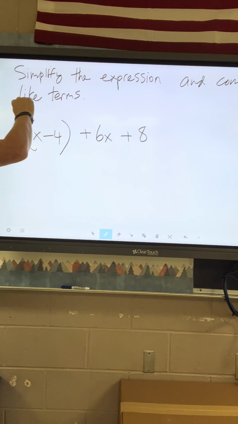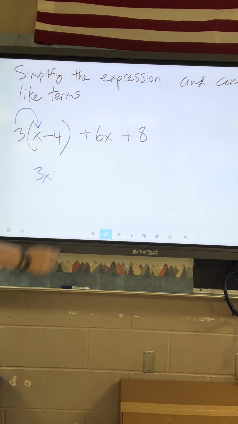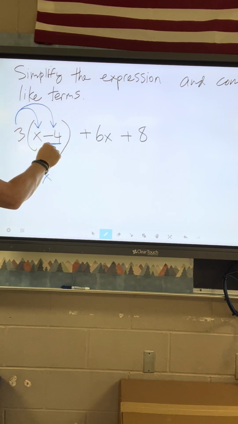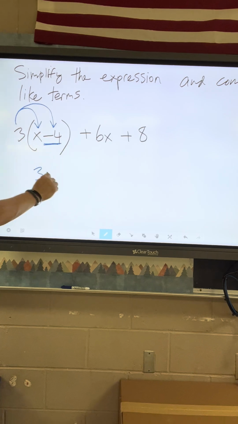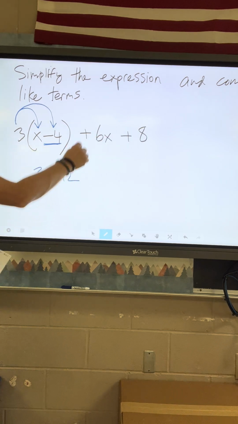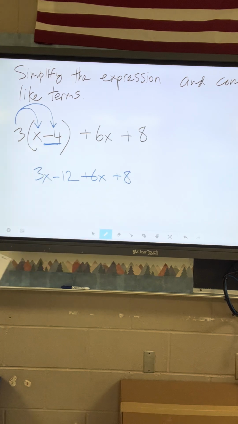So positive 3 times x gives me 3x. Positive 3 times negative 4, remember, negative 4 gives me negative 12. All right, so now we just have this out here. We're just going to add it. So plus 6x plus 8. Okay, now combine like terms.